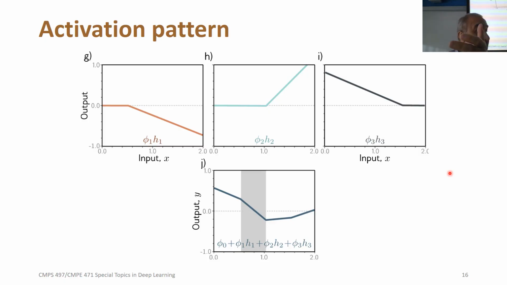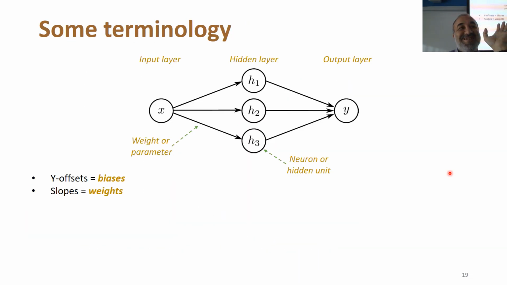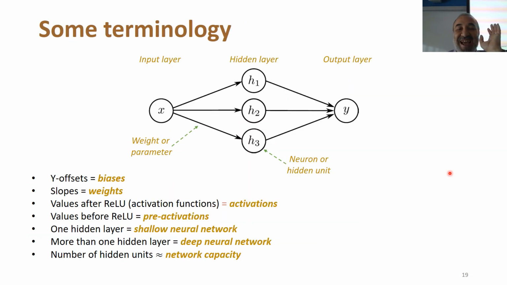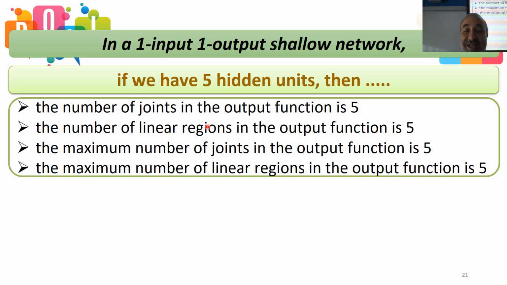So is that the maximum number of linear regions in this case, or the actual linear regions? In general, if we have 5 hidden units, we said that we have a maximum of 5 joints, right? That translates to a maximum of 6 linear regions.